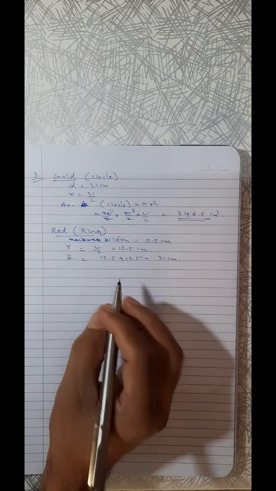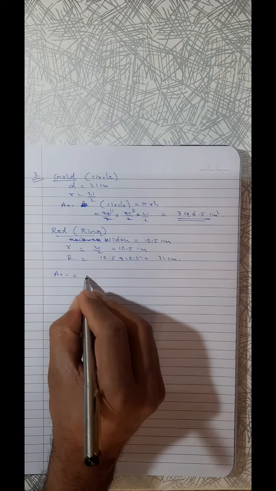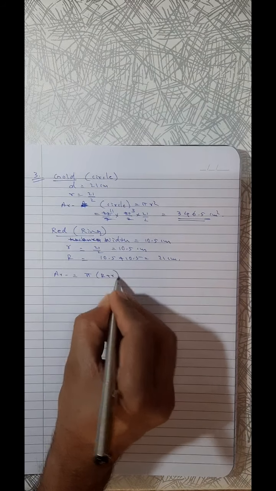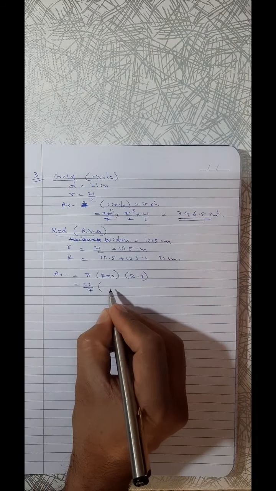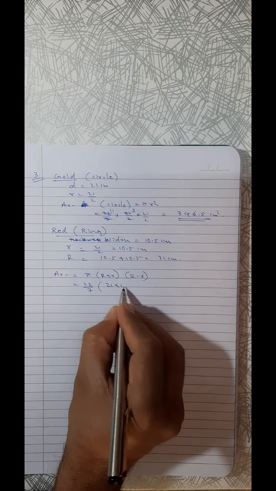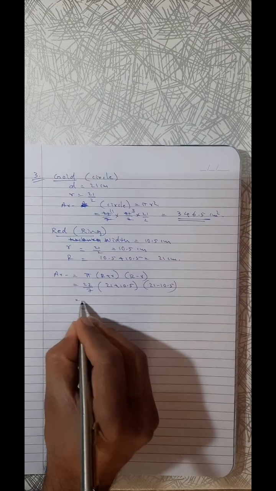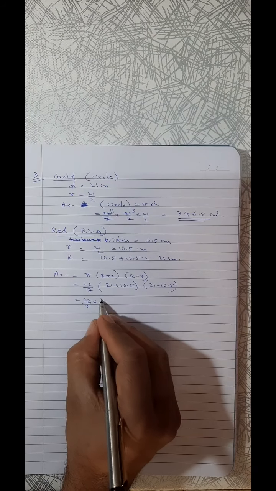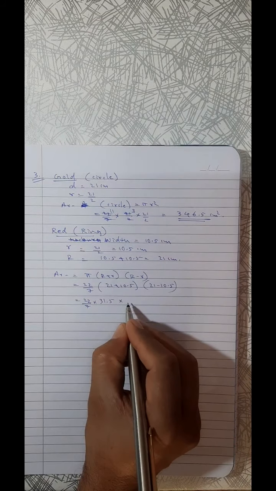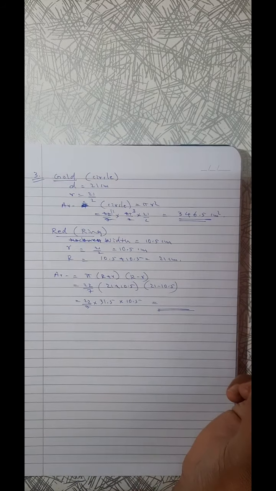Now area of the red part equals pi into R plus r into R minus r. That is 22 by 7 into R plus r, 21 plus 10.5, 21 minus 10.5. 31.5, 10.5. This calculation we have to do, that is the answer.